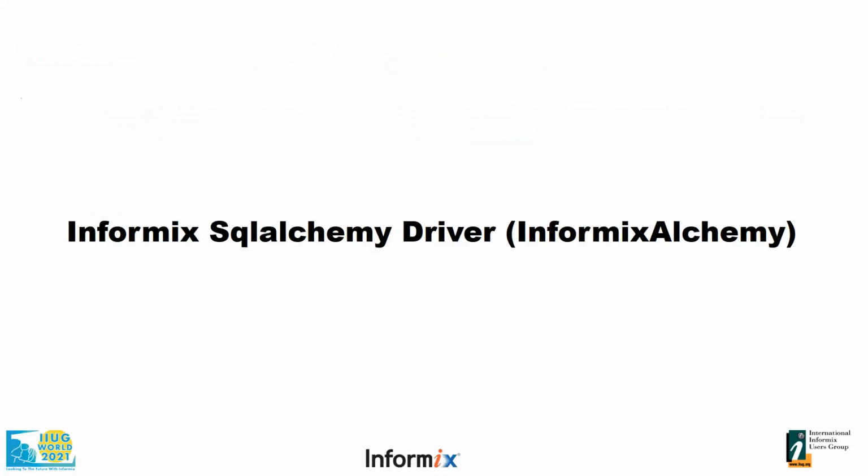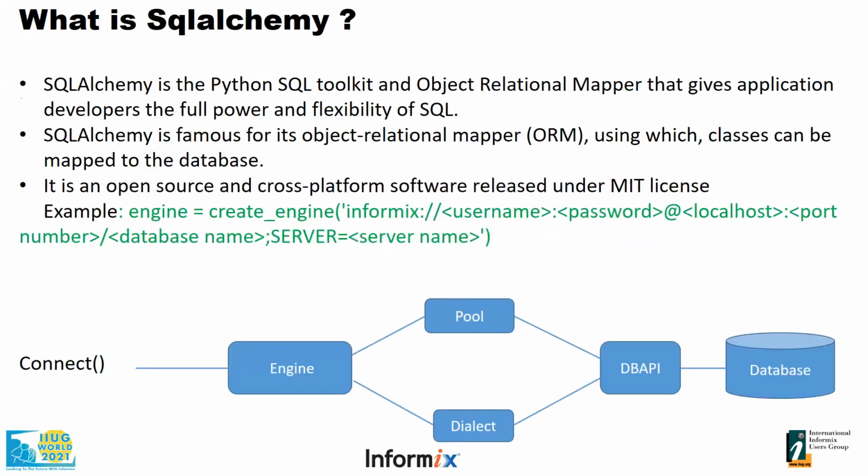Next, we move ahead with the InformixAlchemy driver. The InformixAlchemy driver is an ORM, which provides the ORM facility. Before going to InformixAlchemy, I would like to give a brief intro about SQL Alchemy. SQL Alchemy is a Python SQL toolkit and ORM, Object Relational Mapper, that gives application developers the full power and flexibility of SQL.